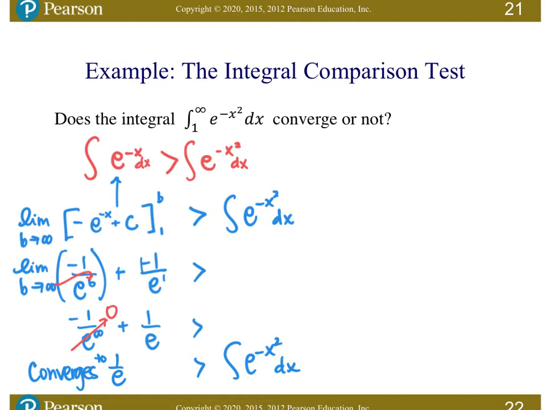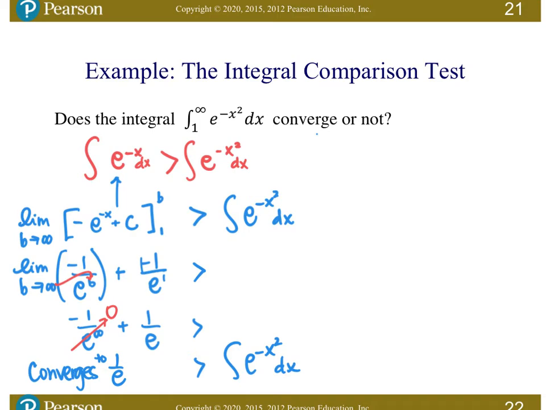Please note that I'm not saying that this will converge to 1 over e also. It will just simply converge. That's all we can prove with the integral comparison test. We can't prove what it will converge to. We can just prove that it will converge to something.